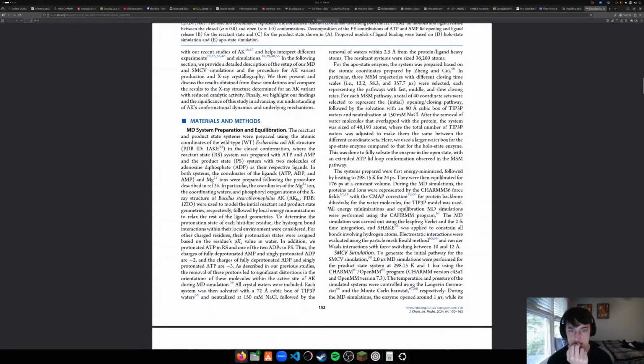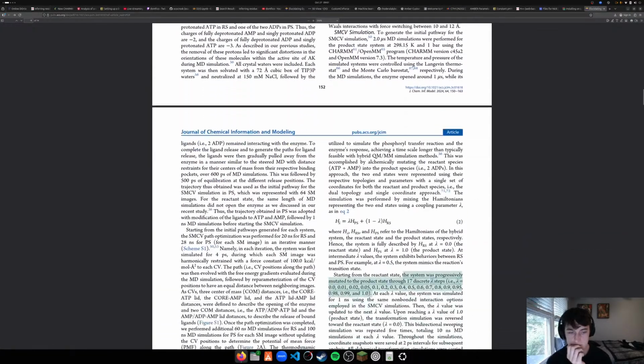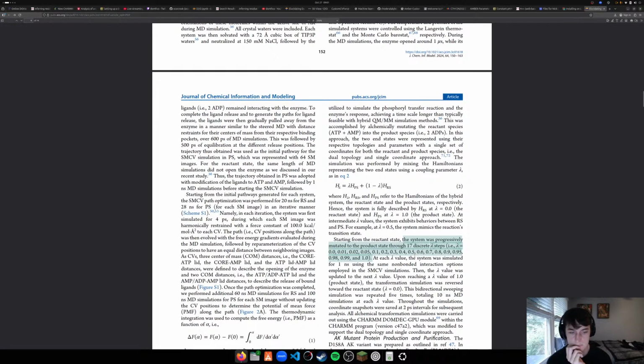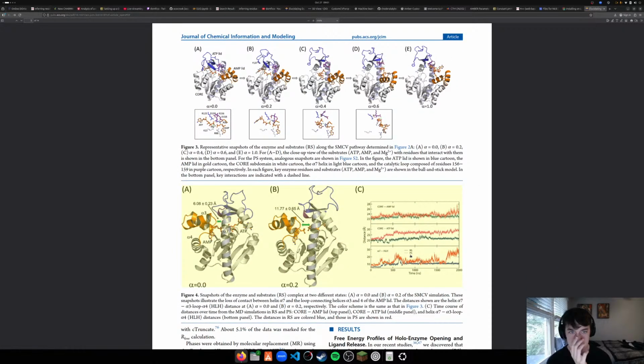Okay, what is the reactant state again? That's just the reactant state. Okay.